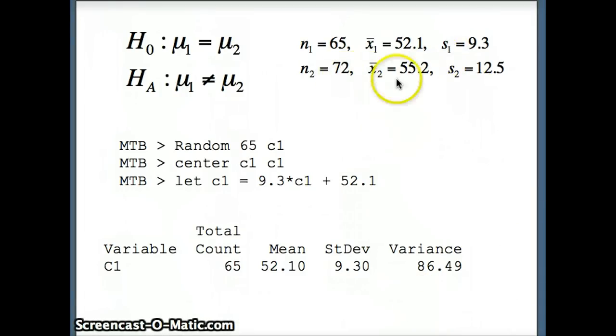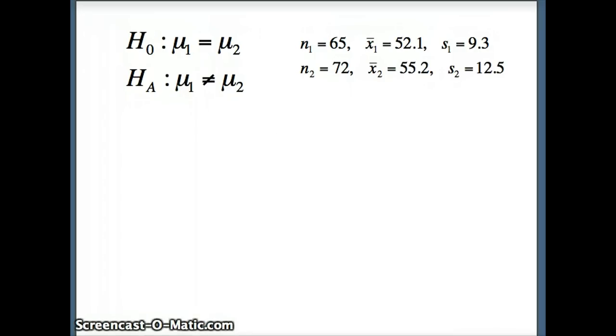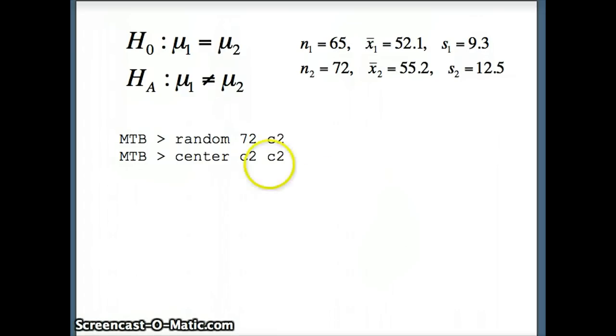Now we also have to generate an artificial data set for C2, so I need 72 items there. So the command is going to be random 72 into C2. And again, center C2, C2. So now the mean is exactly 0, the standard deviation is exactly 1. When I multiply by 12.5, the standard deviation will be 12.5 and the mean will still be 0.